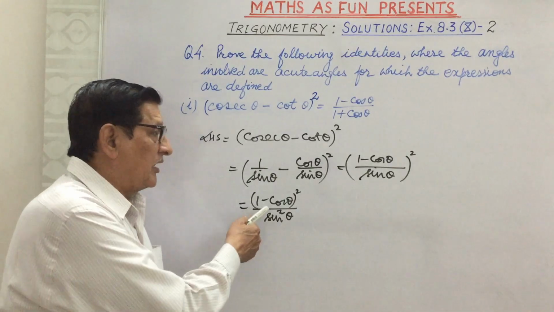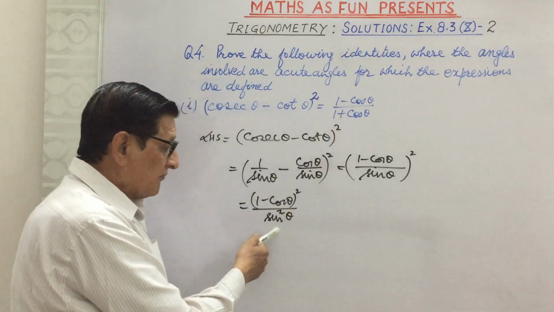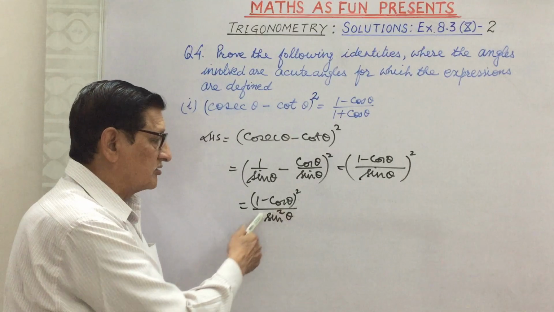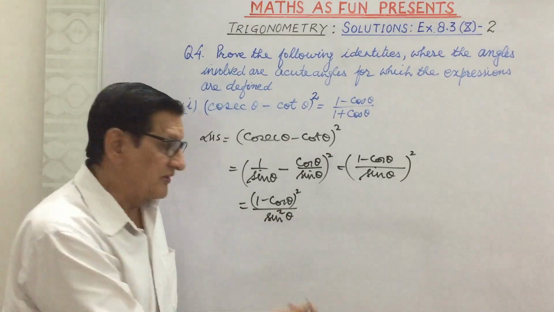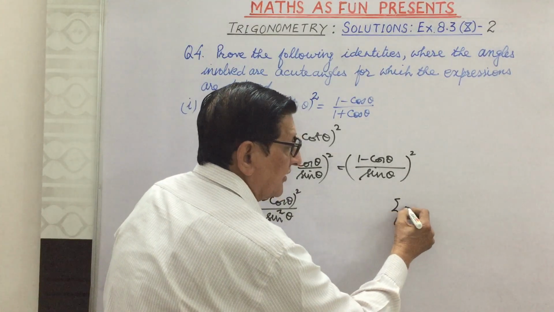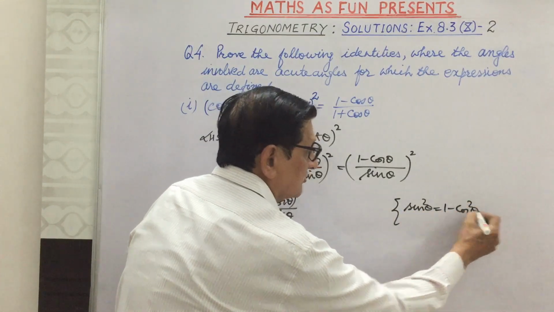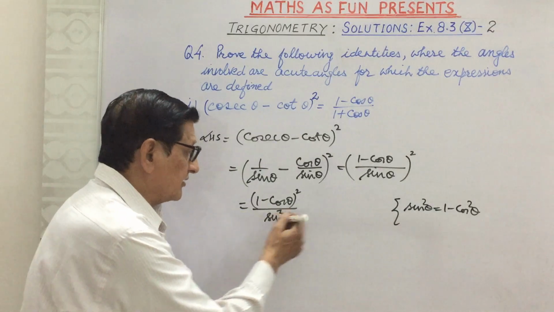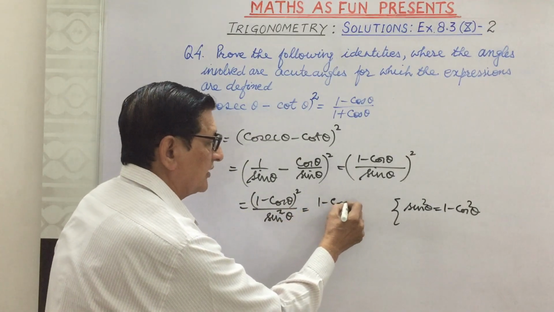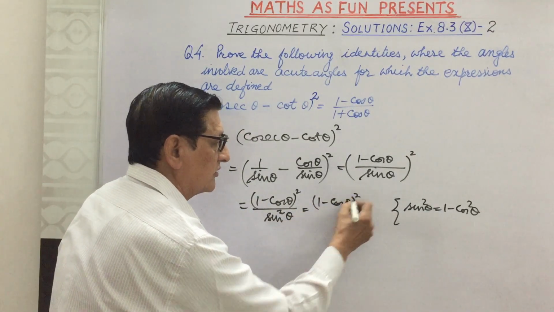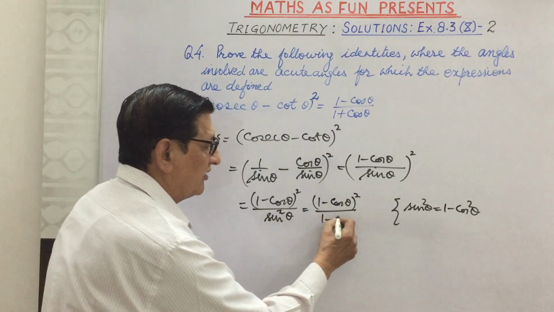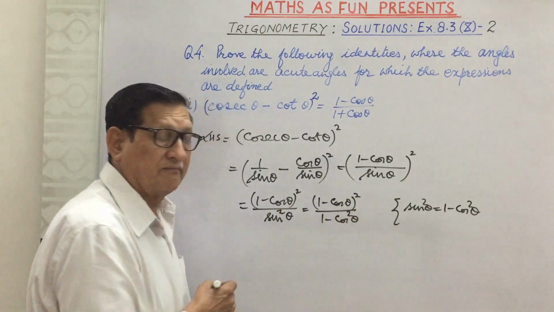And since we want the answer in terms of cos theta, we can convert this sin square theta in terms of cos theta. That is, we have the identity sin square theta is equal to 1 minus cos square theta. If we apply that here, we will get 1 minus cos theta whole square in the numerator, and in the denominator we will have 1 minus cos square theta.